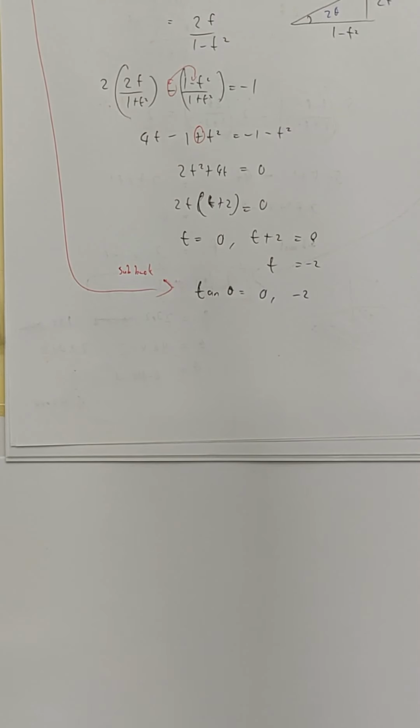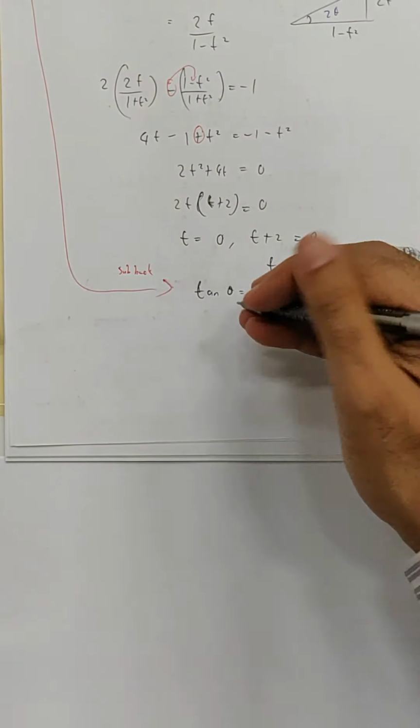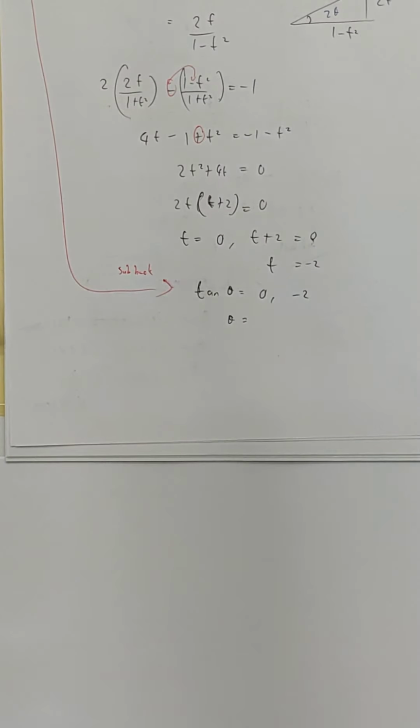Okay, how do we proceed from here? Let's start with negative 2 first. Negative 2 is easier. It's negative, which quadrant?